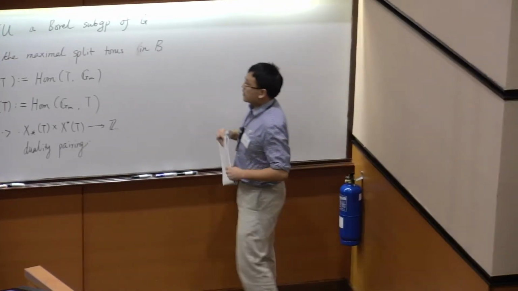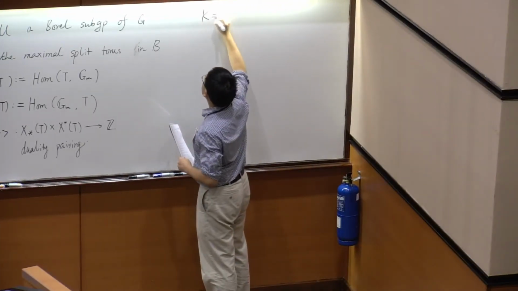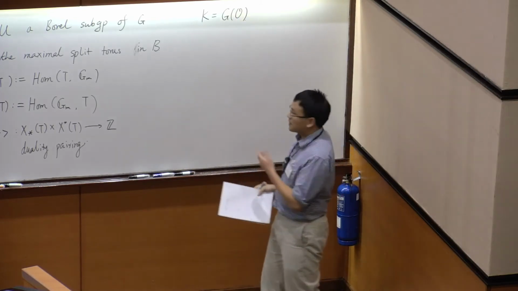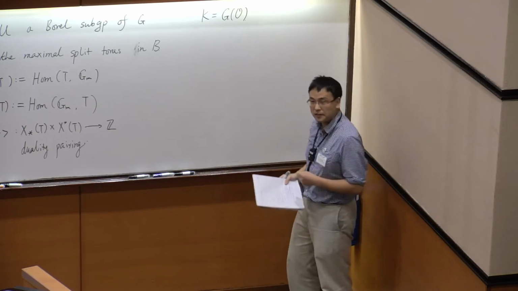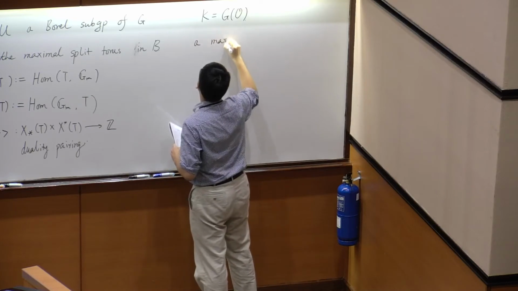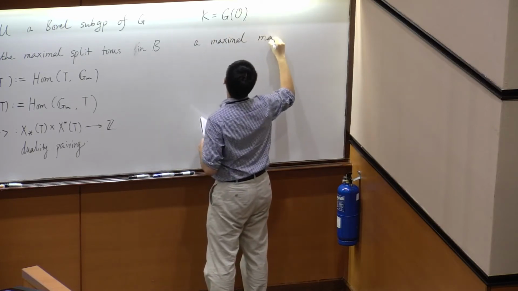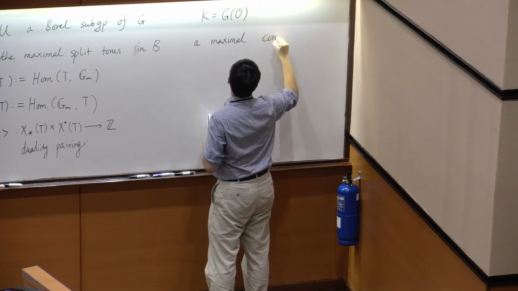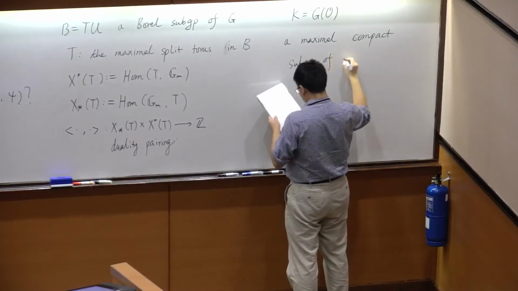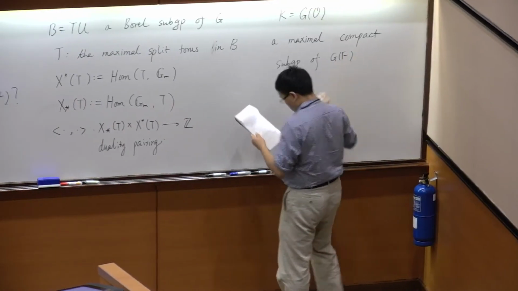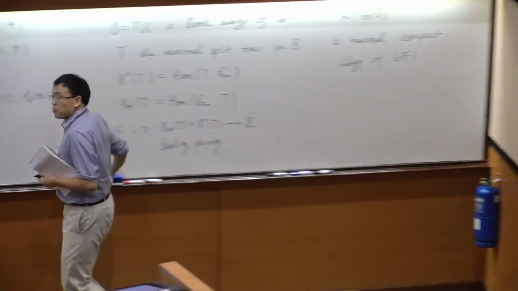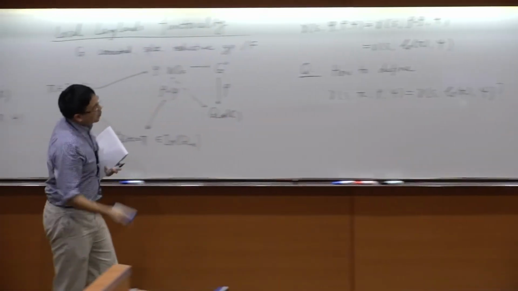Okay, and we choose K to be the maximal compact subgroup. It's the hyperspecial one, but an easier way is to just take the integral points. Okay, I will use this notation, and later on I probably will not recall it again.